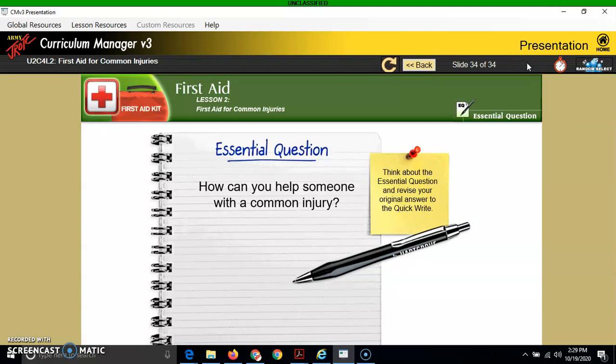Okay, guys, so how can you help someone with a common injury? That was our lesson question. It's a pretty short lesson today. We're able to get through it all. I know I went through it pretty fast, but a lot of what we talked about was in your reading. The rest of how to treat minor cuts and bleeding and all that is in pages 159 to 163.